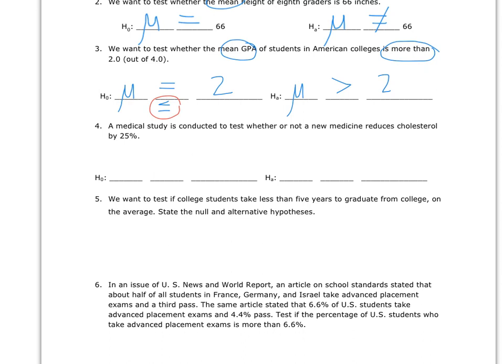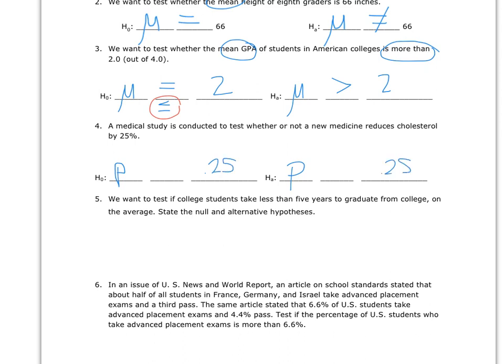Okay, number 4, a medical study is conducted to test whether or not a new medicine reduces cholesterol by 25%. All right, so we want to know mean or proportion. Well, this is a proportion because we're looking at a percentage. And the percentage that we are looking at is the 0.25, so we can fill that in. Now, let's look at the alternate hypothesis.